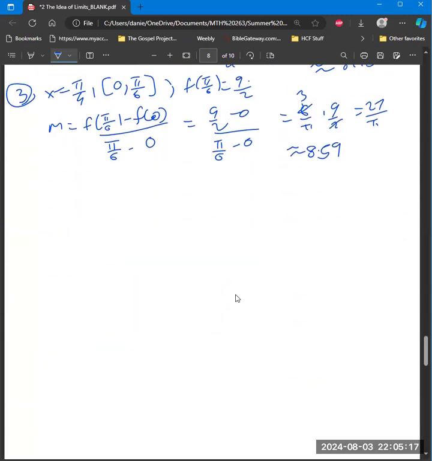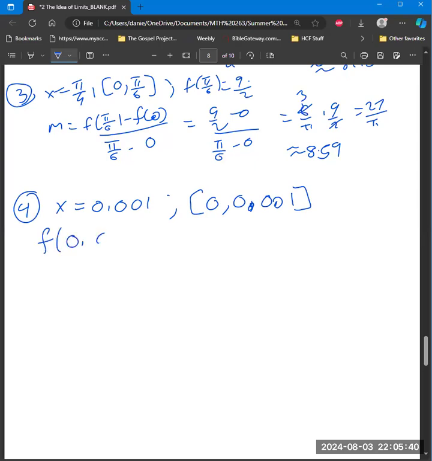And then number 4 here, when x equals 0.001, you have the interval, right? You're going to need your calculator for this, in radian mode. F of 0.001 is equal to 9 sine 0.001.